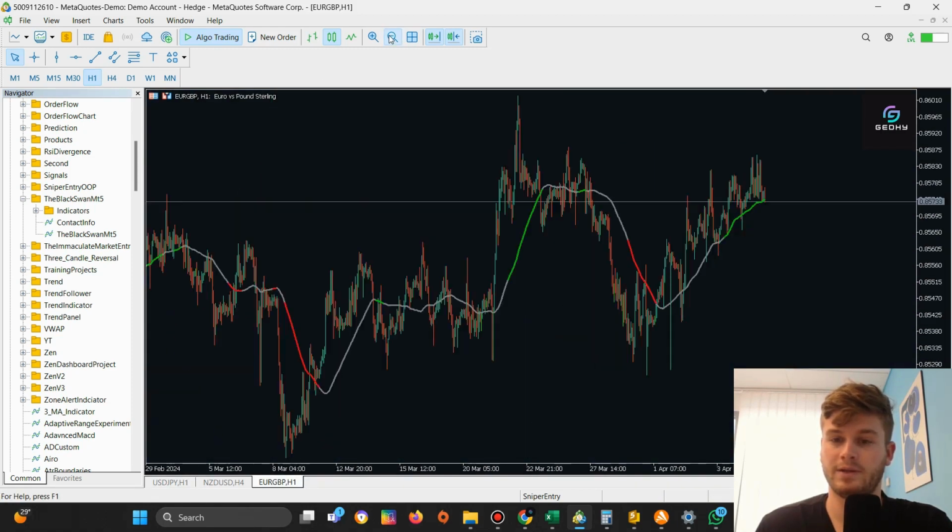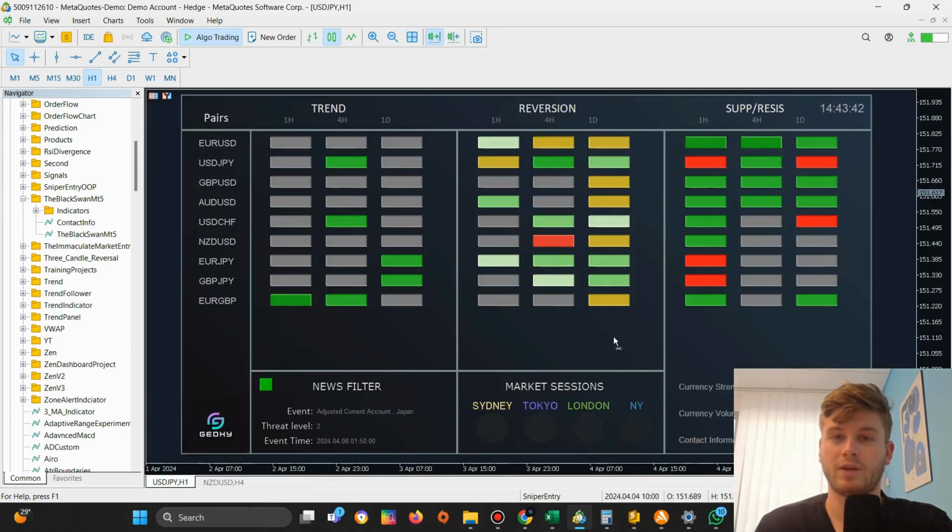Here we can see that we are in a bullish trend. Then what I'm looking for is for the price to be below the average, so I'm looking for red rectangles here, or I'm looking for a golden zone, which means that the price is near its average price.